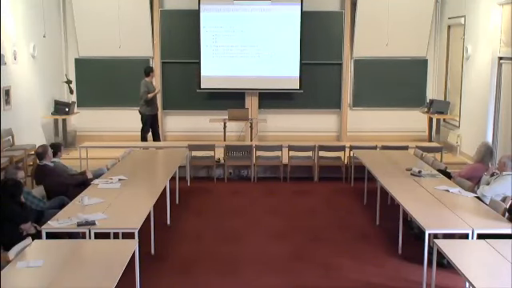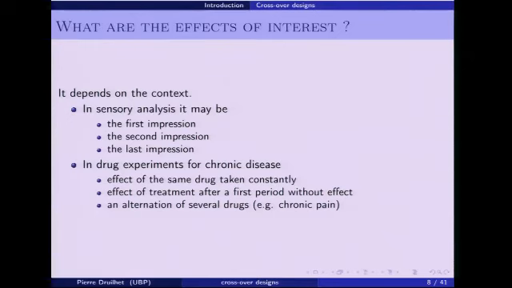But you can also be interested in the effect of the treatment just after the first period. For example, if you have some pain disease or after surgery, you have to take a drug against pain. The first period is also important, as well as the other periods.